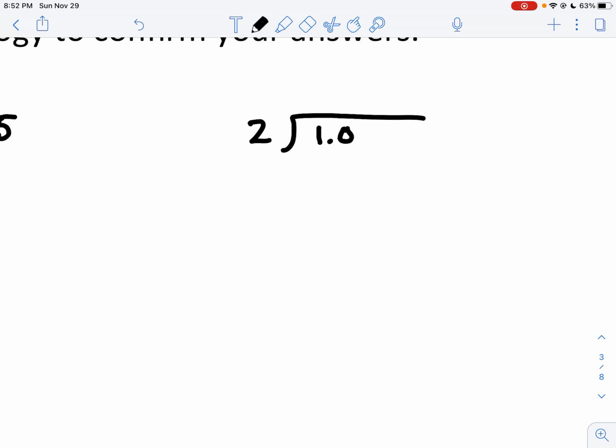The answer is 5, but since we keep the position to the right of the decimal, put a decimal up here in your quotient answer, and then you effectively ignore the decimal, and then you say, okay, well, 5 times 2 is what number? It's 10, and you subtract that from that 10, you get a 0, and when you get a remainder of 0, you stop, and your answer is 0.5. That's the long division approach for getting an answer.